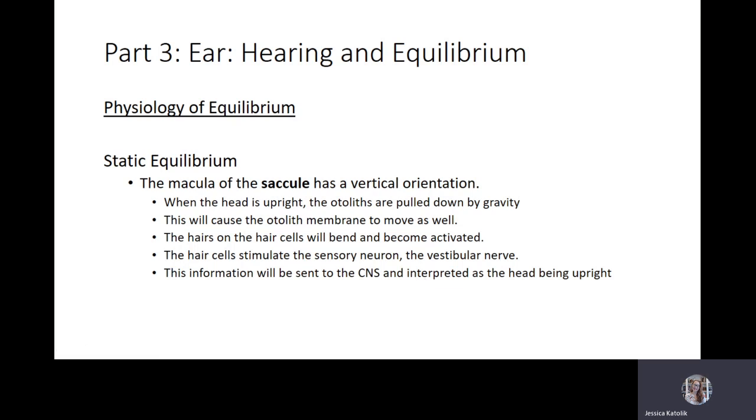So be aware that the utricle and saccule have the same mechanisms, but because of their orientation, one being horizontal and one being vertical, it is understood as being different whether the head is tilted or upright, just because of that orientation.